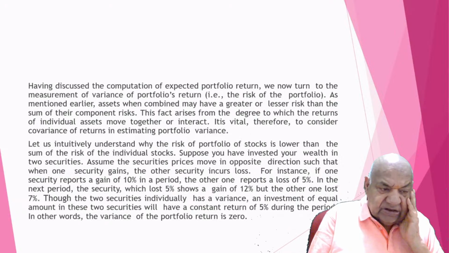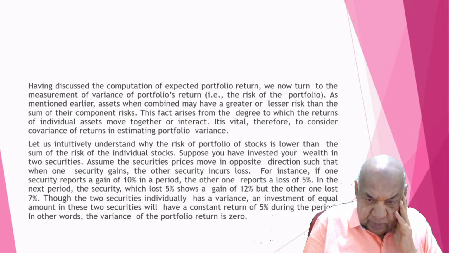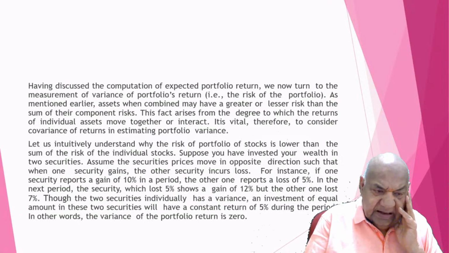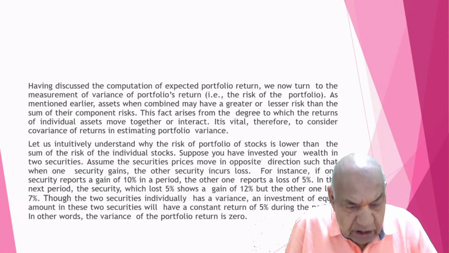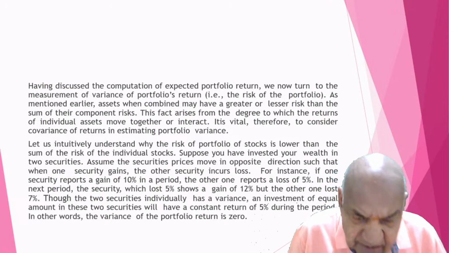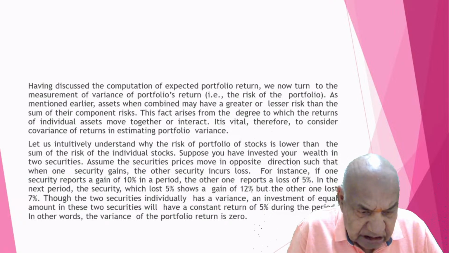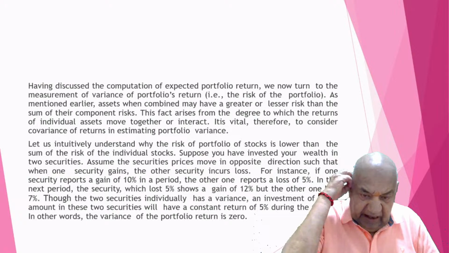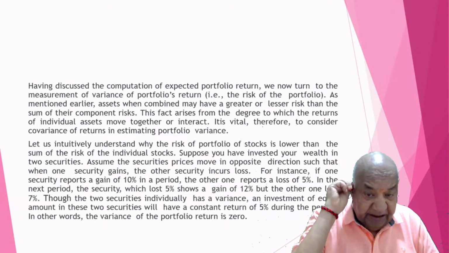In the next period, the security which lost 5% shows a gain of 12%, but the other one loses 7%. Though the two securities individually have a variance, an investment of equal amount in these two securities will have a constant return of 5% during the periods.